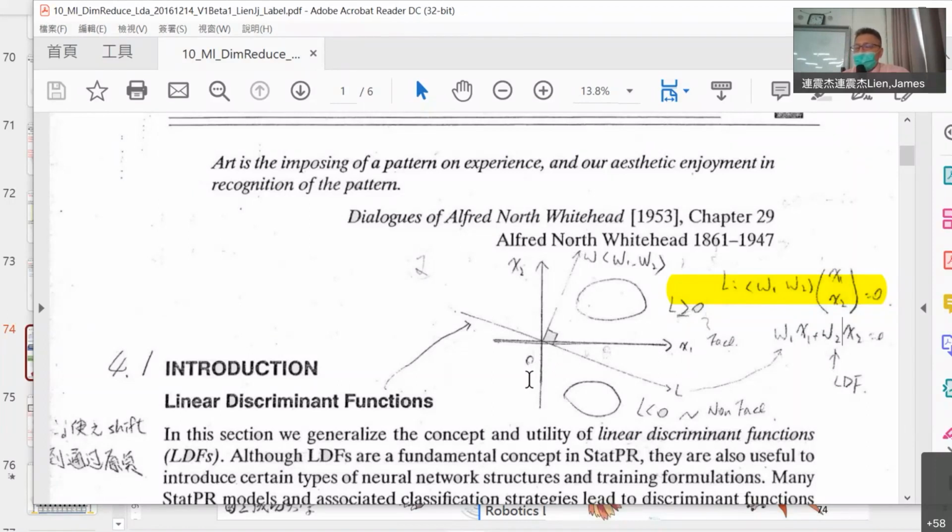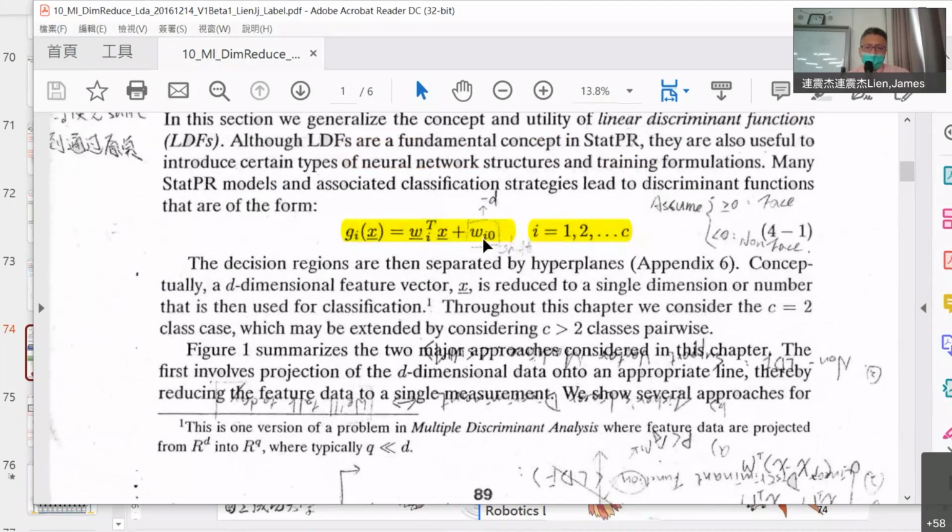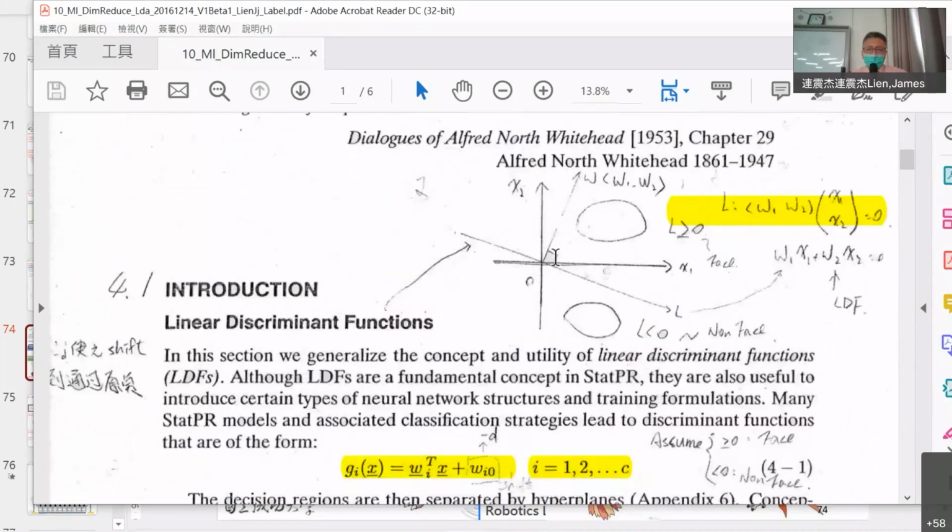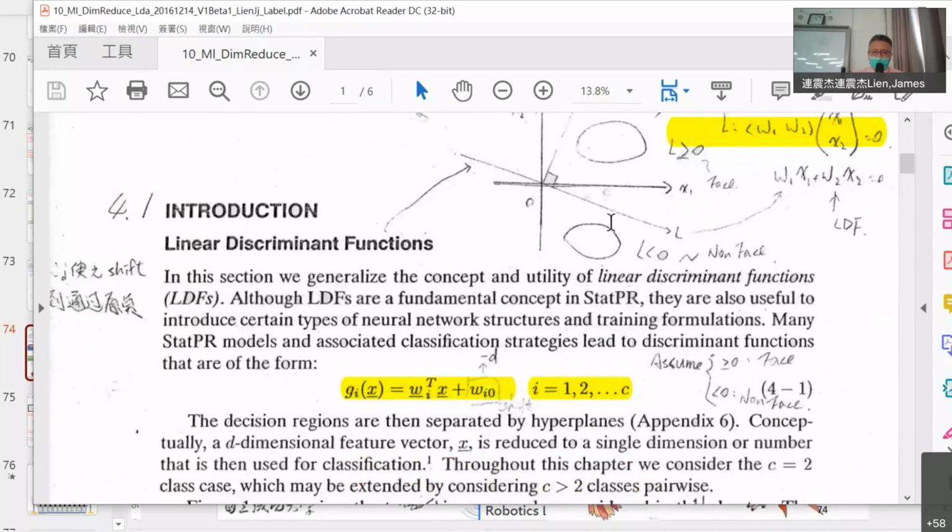What is the function of the normal direction? It controls rotation. You have a line here and this normal direction. The normal direction controls the rotation of this line. And this constant term is a shift: suppose W0 is 0 here, then we shift, so it controls the translation.